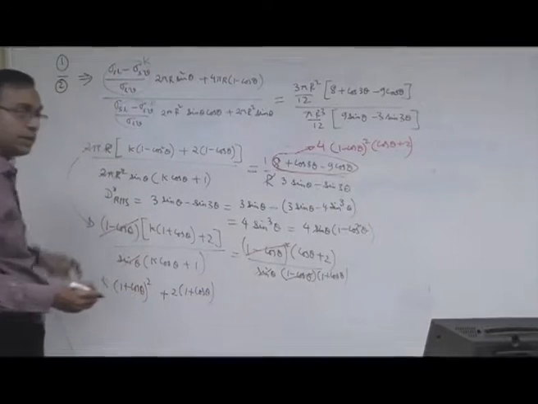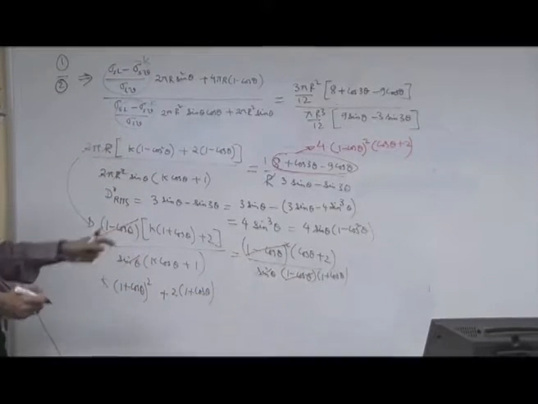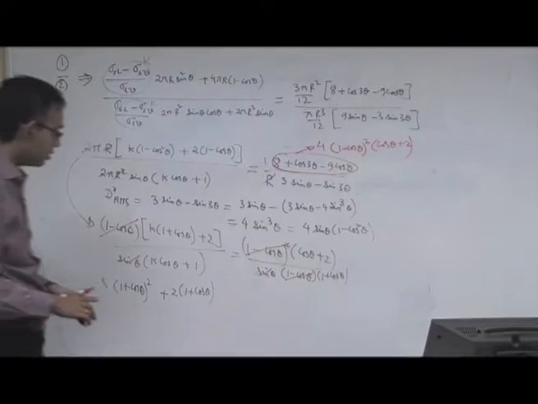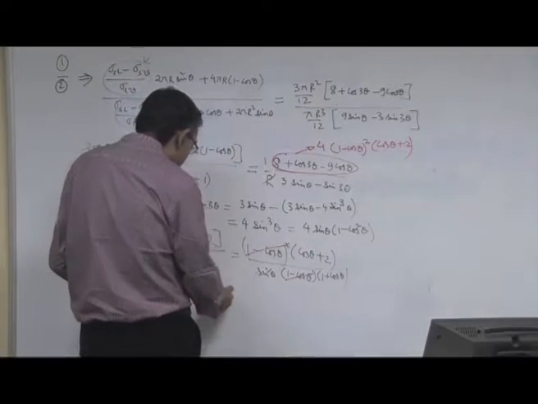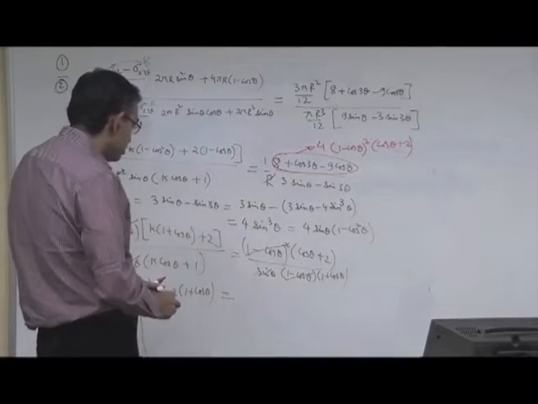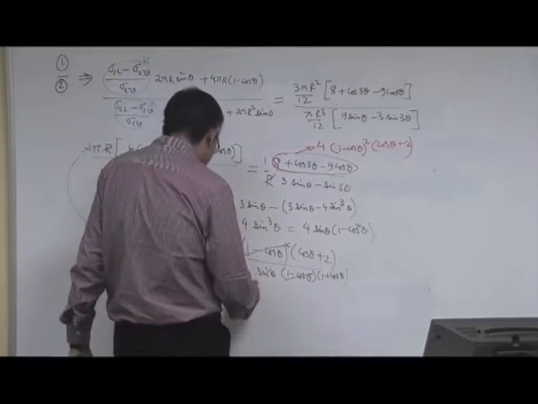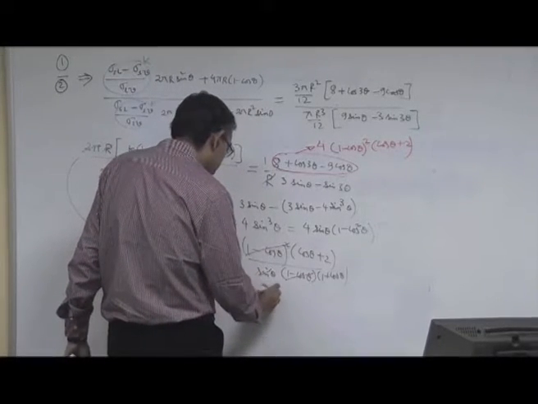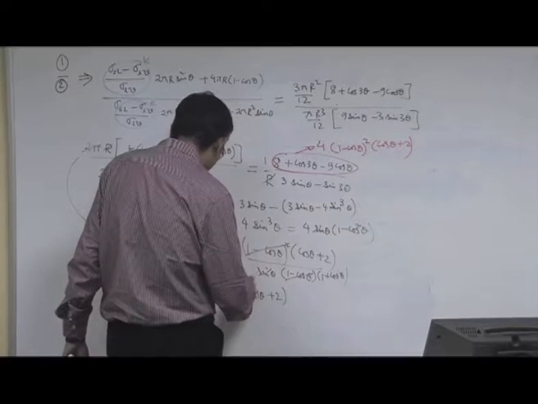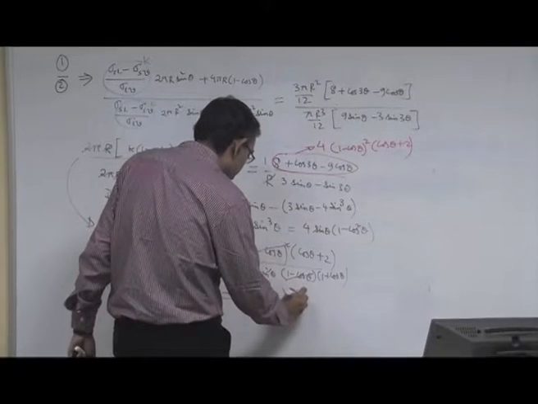I hope there is no algebraic mistake in between, because then we will not get the correct answer, but let us see. (Cos theta plus 2) into (k cos theta plus 1).